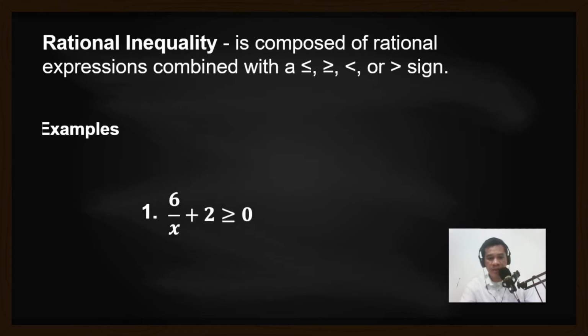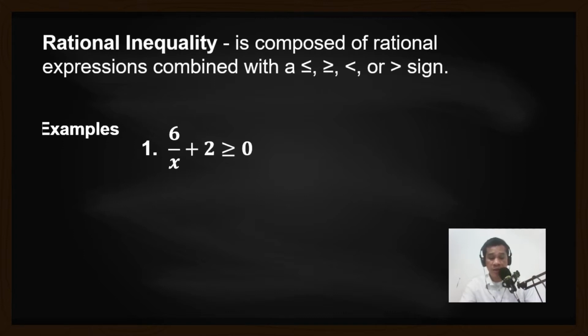Let's have an example. Number 1, we have 6 over x plus 2 greater than or equal to 0. In the given example, we have the inequality symbol greater than or equal to, and there is the rational expression 6 over x plus 2, so that is an example of rational inequality.